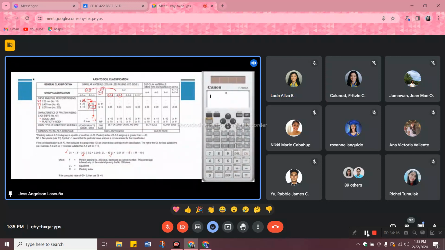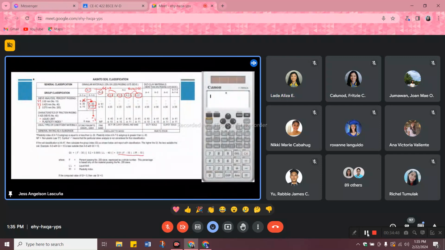Yung GI diha is 0. Ang sa A2-6 and A2-7, ato siyang gitawag ang partial GI.